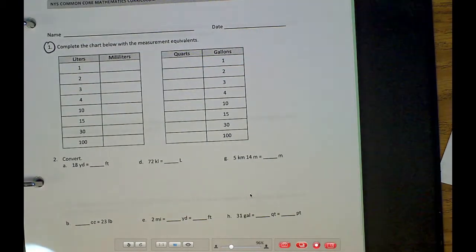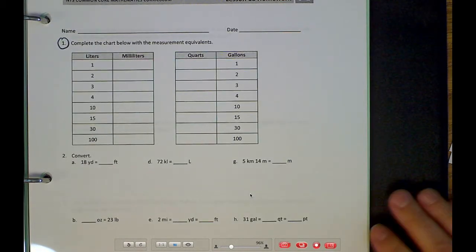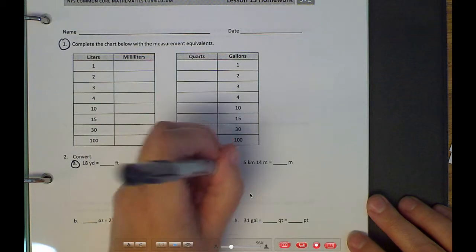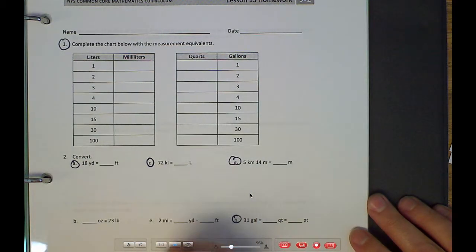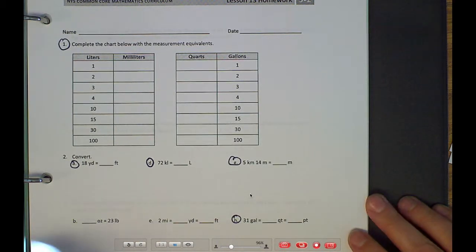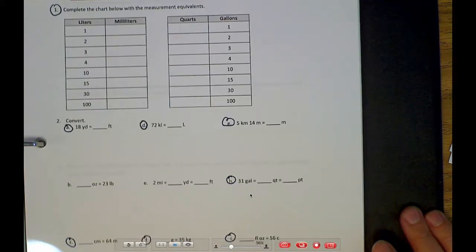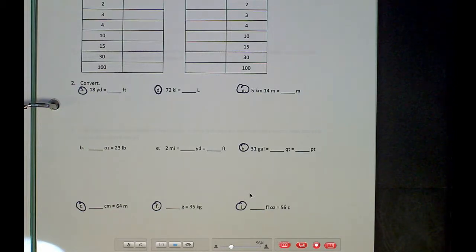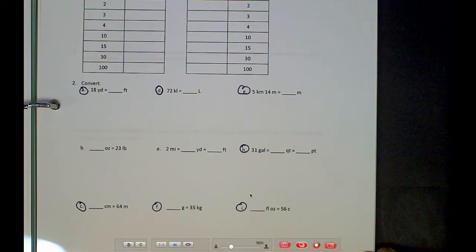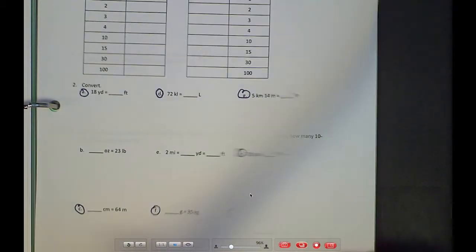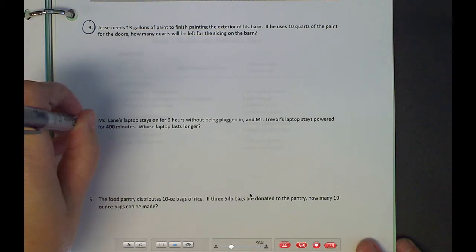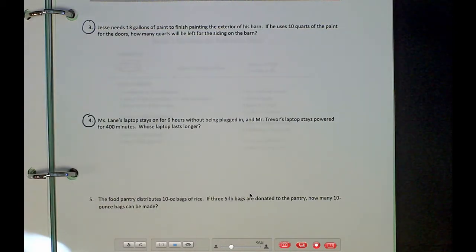Fill in the charts, both of them. So, A, D, G, H, C, F, I, 3, and 4. That is lesson 13, homework, module 2.